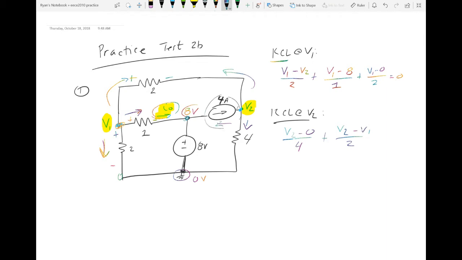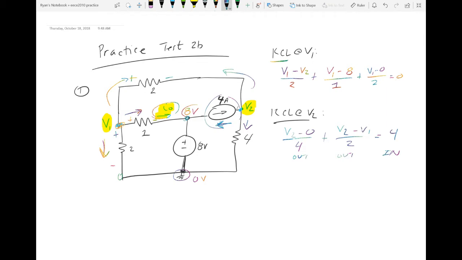So you can either say that minus 4 amps goes out of that node, because if I'm writing everything out, if 4 comes in, minus 4 goes out. Or, if you don't like that, you can just say that this is out, this is out, so it has to equal in, and in would be 4. So that's fine too.